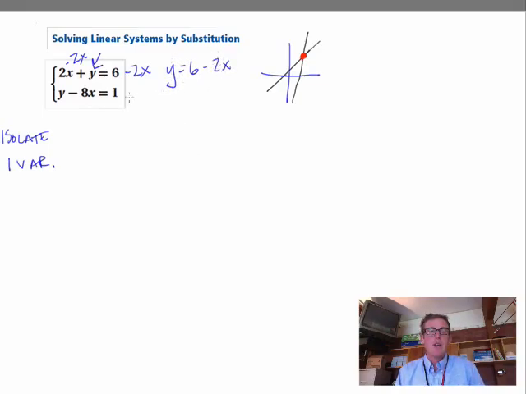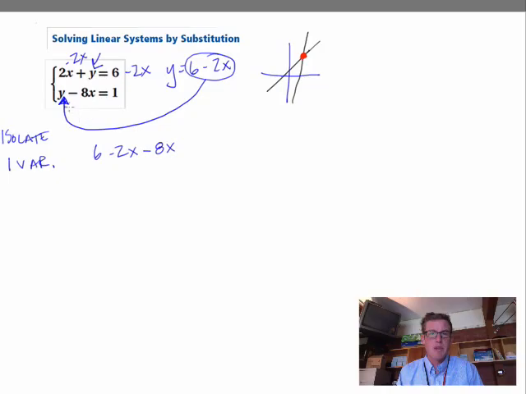Now, since I know that y equals 6 minus 2x, I'm going to take this 6 minus 2x and put it right into here. So now I'm going to have 6 minus 2x minus 8x, because 6 minus 2x is the same thing as y, and then all of that equals 1.